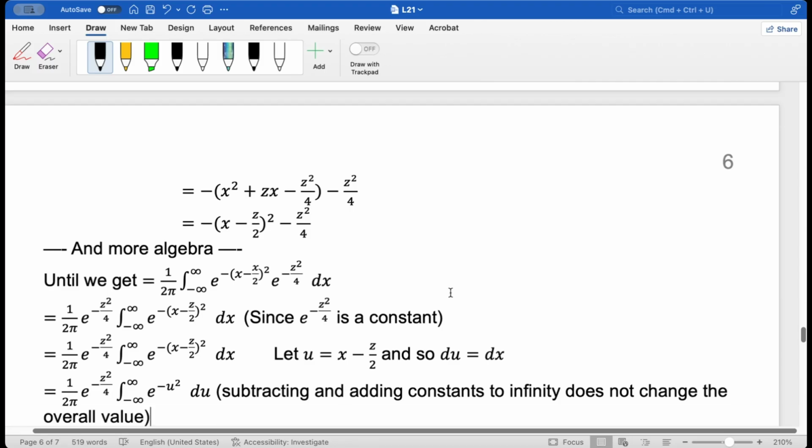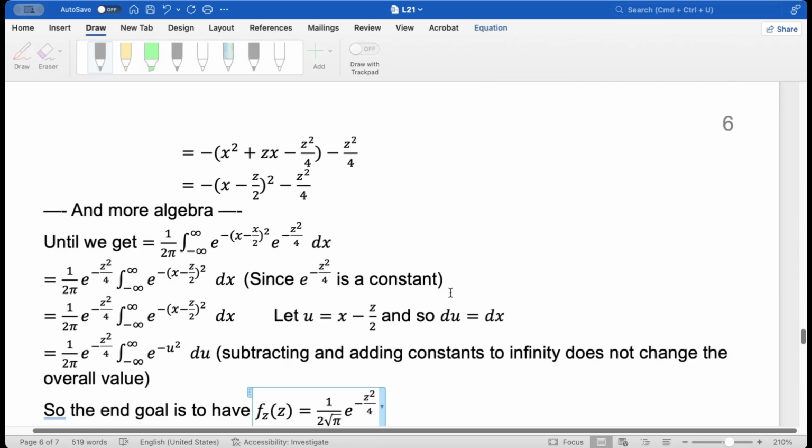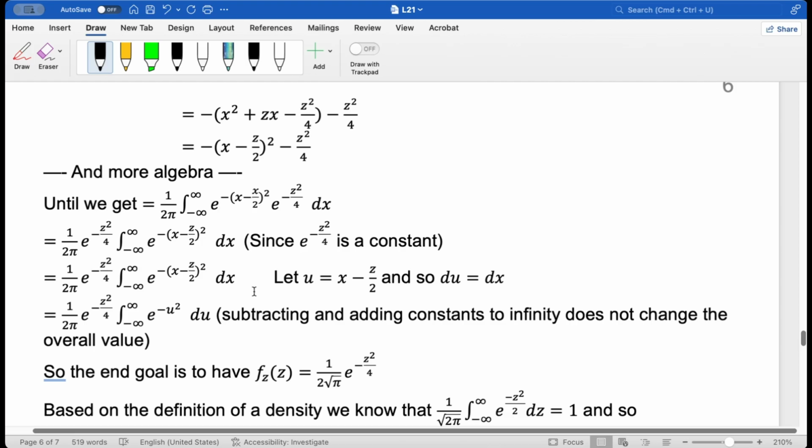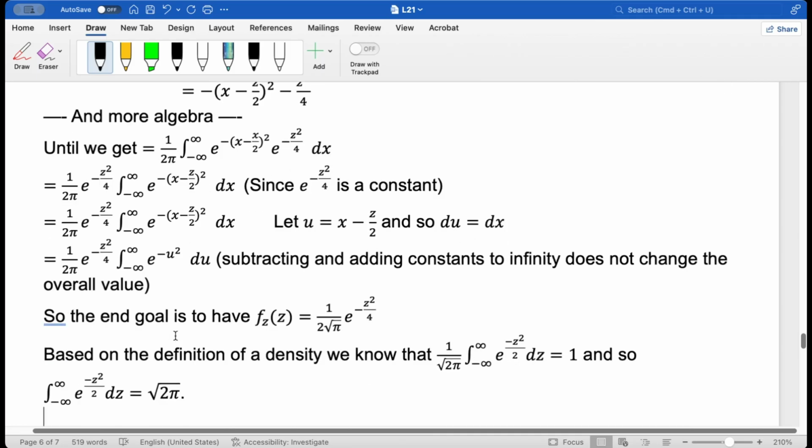And then again, some more substitution, some more manipulation. We end up essentially getting back the normal density, which has to integrate to one whole. It's one of the definitions of a density. It has to be greater than or equal to 0, and the integral from minus infinity to infinity has to be 1.